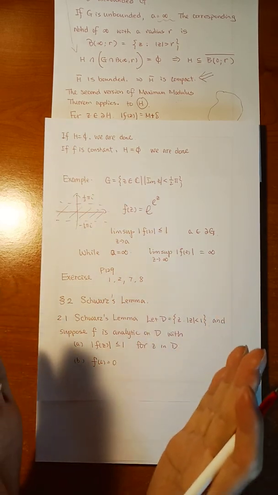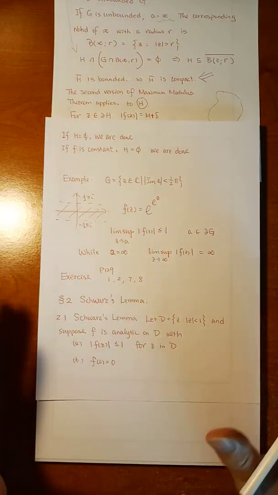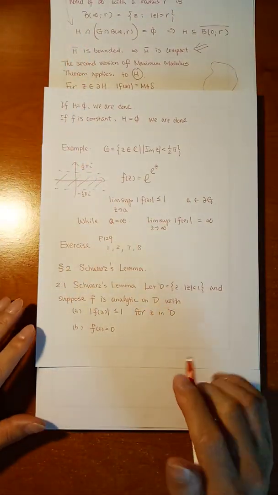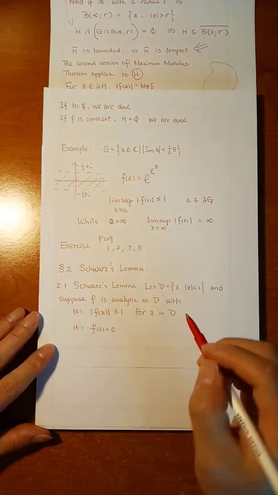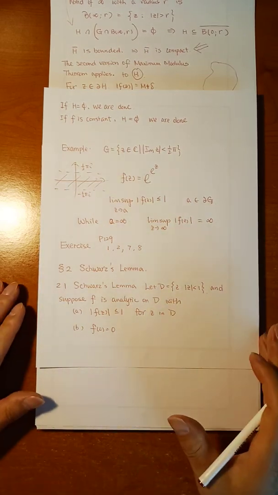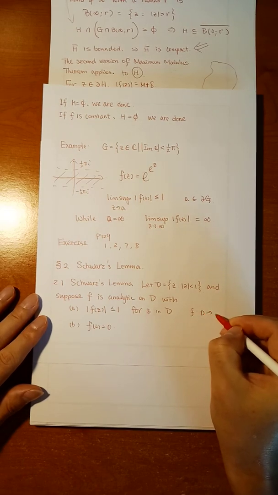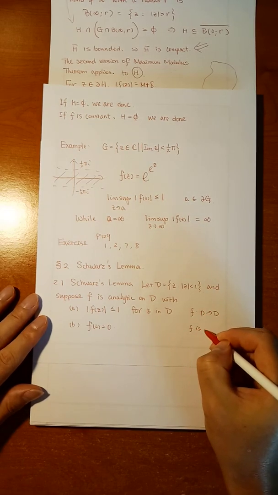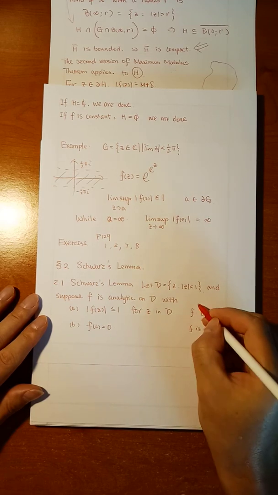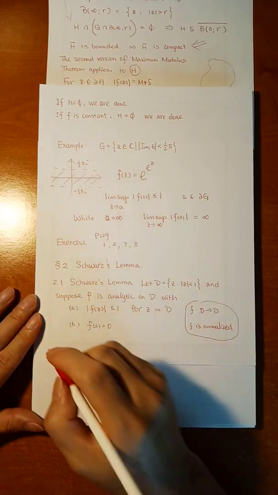It's like the normalization condition. f of 0 can be mapped to any place, but we assume it is normalized. It just maps 0 to 0. The first condition means f is from D to D. The second condition means f is normalized.